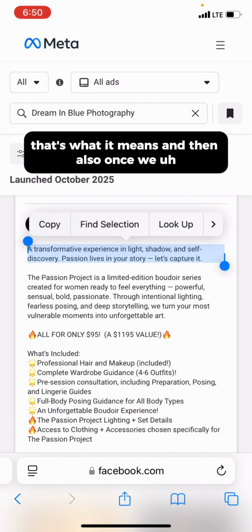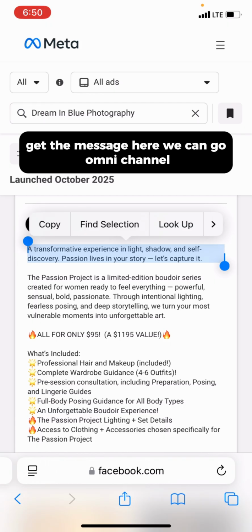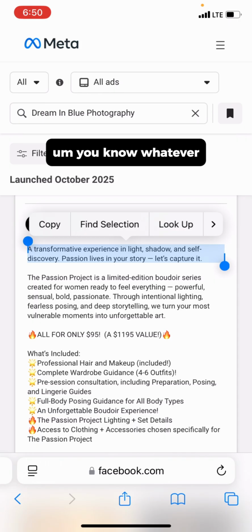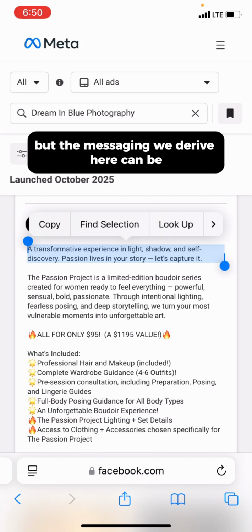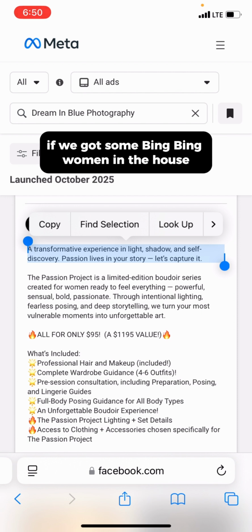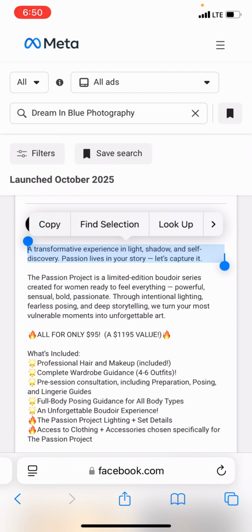And then also, once we get the message here, we can go omni-channel, Google Ads, whatever. Well, Google Ads primarily, but the messaging we derive here can be used on all other advertising channels as well. If we got some Bing women in the house, some Bing searchers.